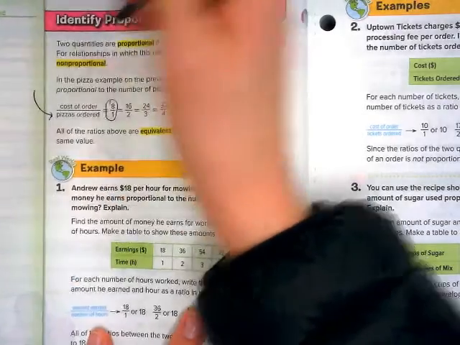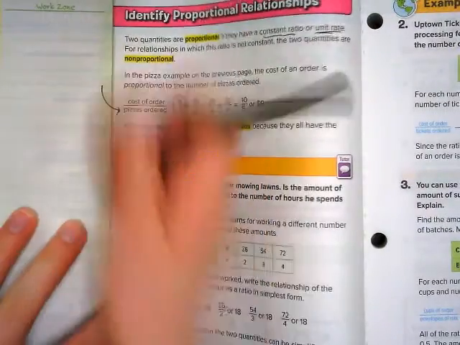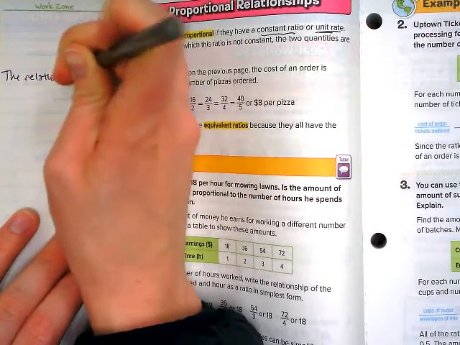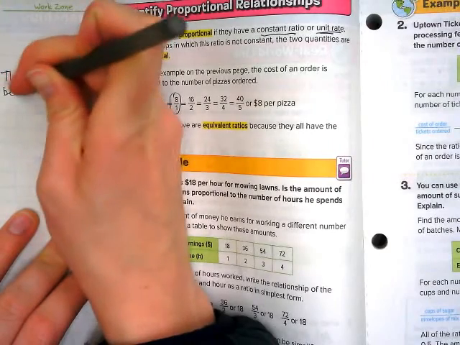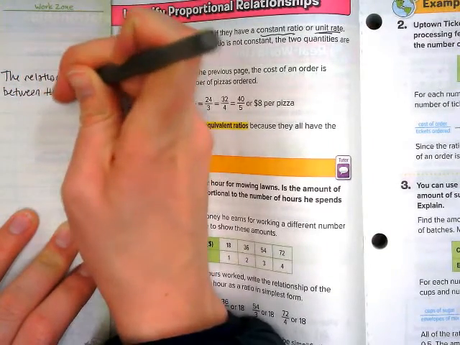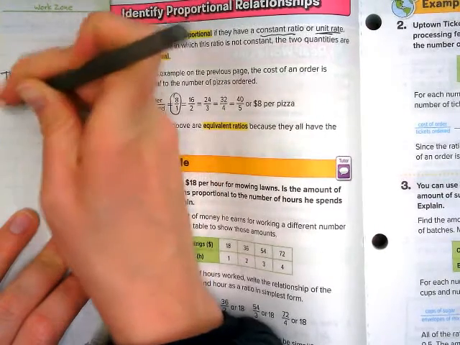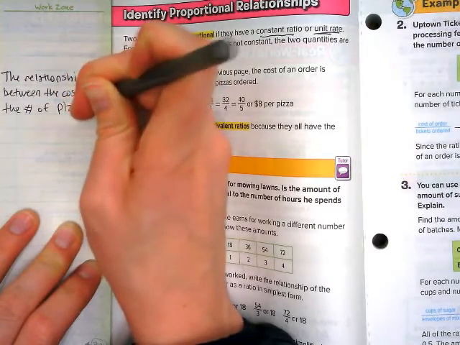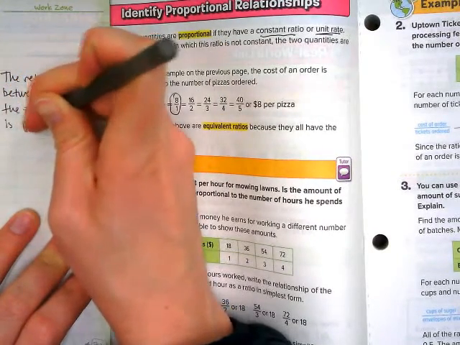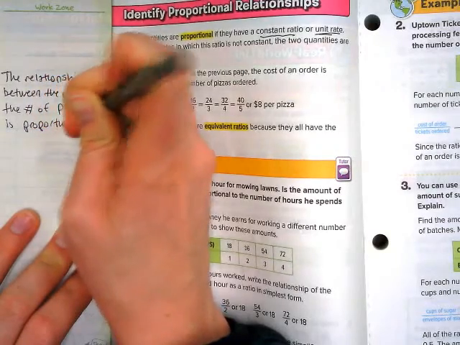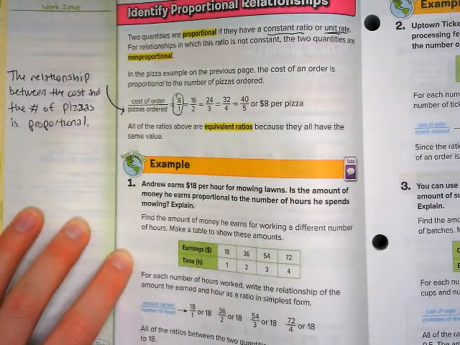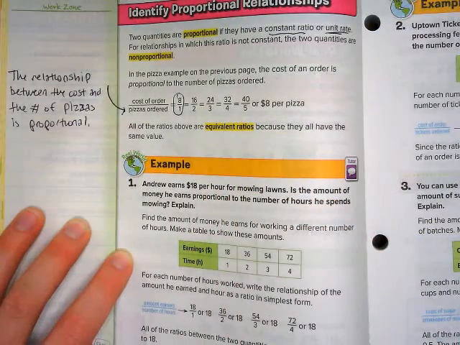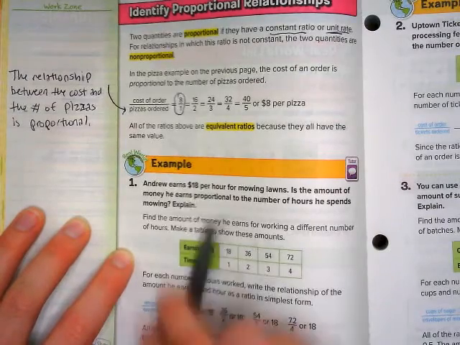So I'm going to draw an area over here. And we're going to write the relationship between the cost and the number of pizzas is proportional, because they all had the exact same unit rate, or they were the exact same ratio when you simplified them.